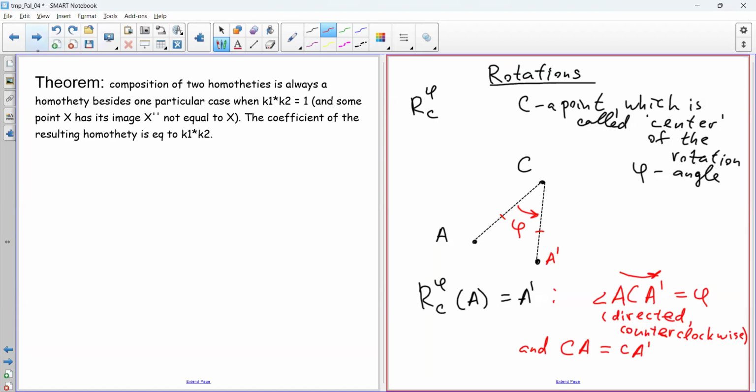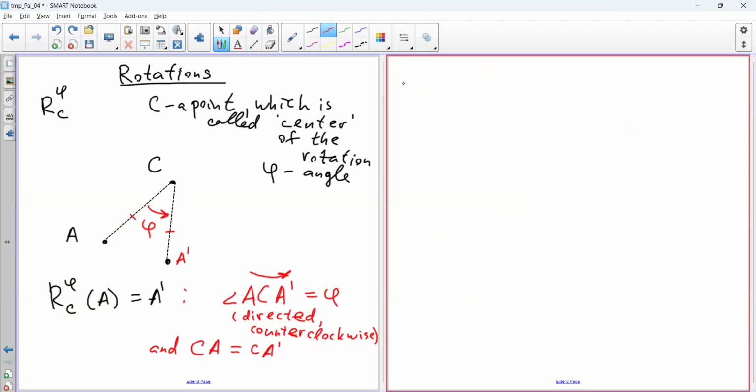Any rotation is a congruency transformation.